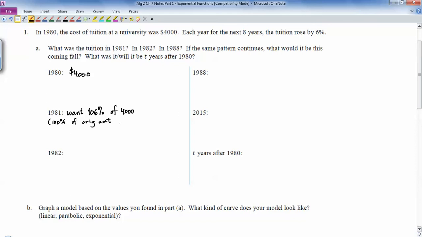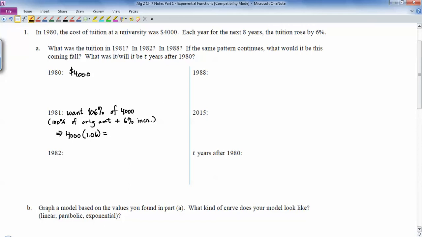So that's the 4,000. And then you're going to increase by 6% more. And if you remember 106%, in order to get 106% of something, you multiply by 1.06. So the value here is going to be 4,000 times 1.06.